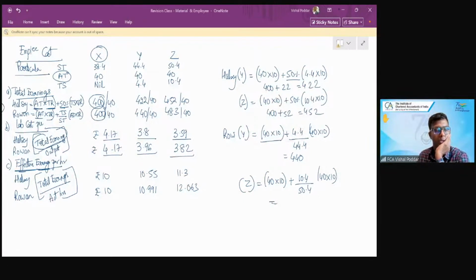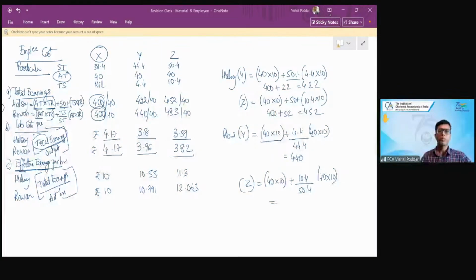Tejashree has confirmed 10, 10.55, 11.3, 10, 11, 12.7. So similar answers. Sunidhi has also confirmed. Akanksha confirms. Shifi Mola confirms, with some decimal difference.